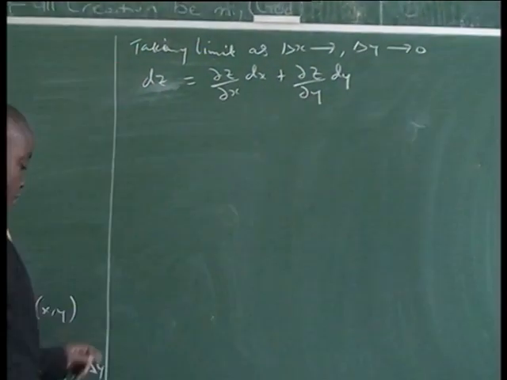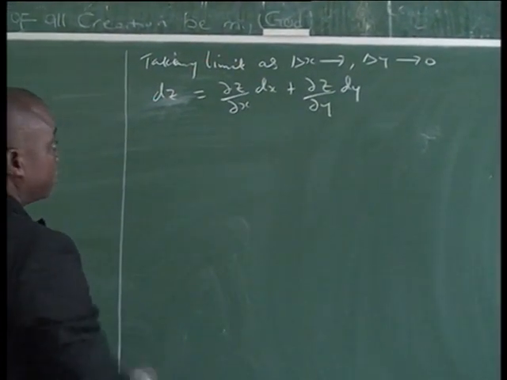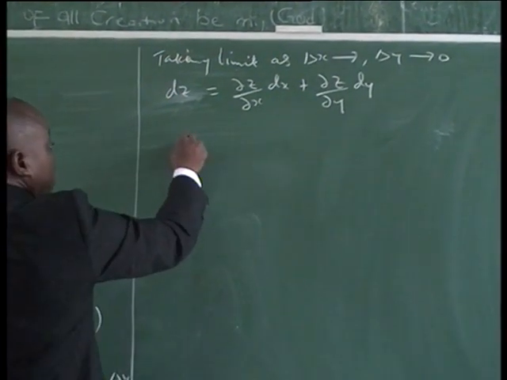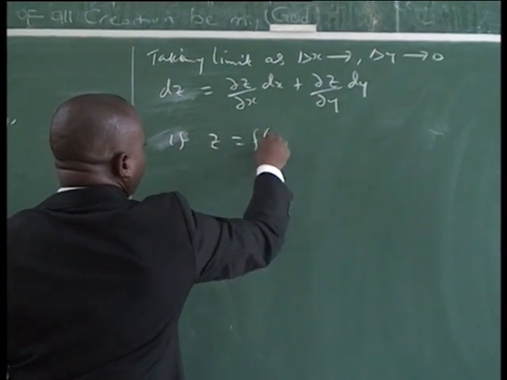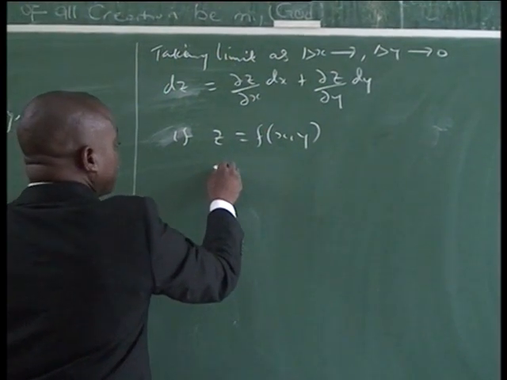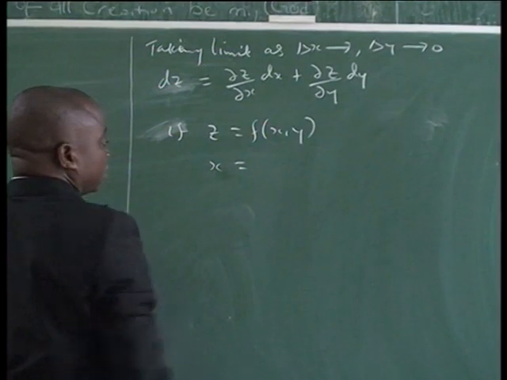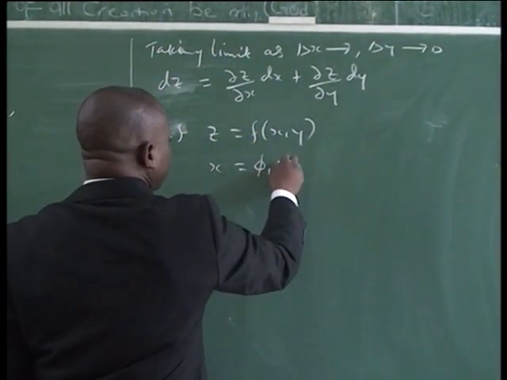Now look at that. This is called the total differential. And suppose, let's say z is equal to f of x, y, and we have that x is equal to phi 1 of x.